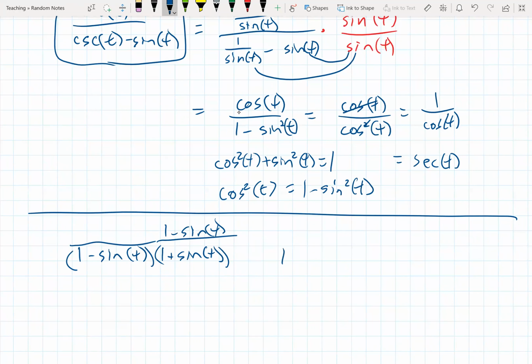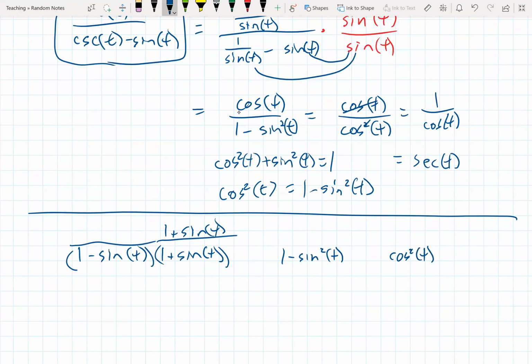Oops, sorry, that should be a plus, not a minus. You have the opposite sign in the middle. That's what makes it a conjugate. So that will turn into 1 minus sine squared of t, which is cosine squared of t.